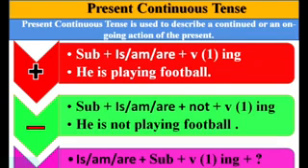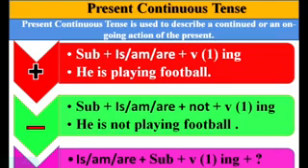Subject plus is, am, are plus verb plus ing. Always the formation will be is, am, are plus verb plus ing. Is you will be using for singular. Am you will be using for first person I. Are you will be using for plural form.